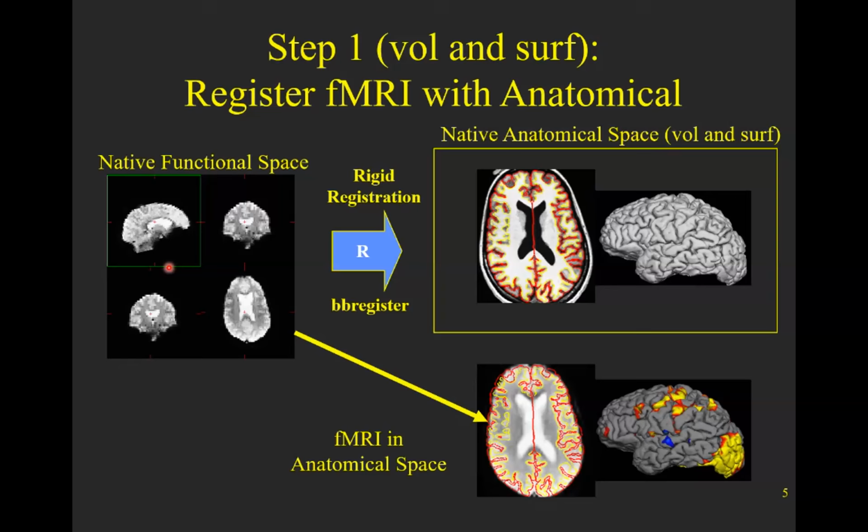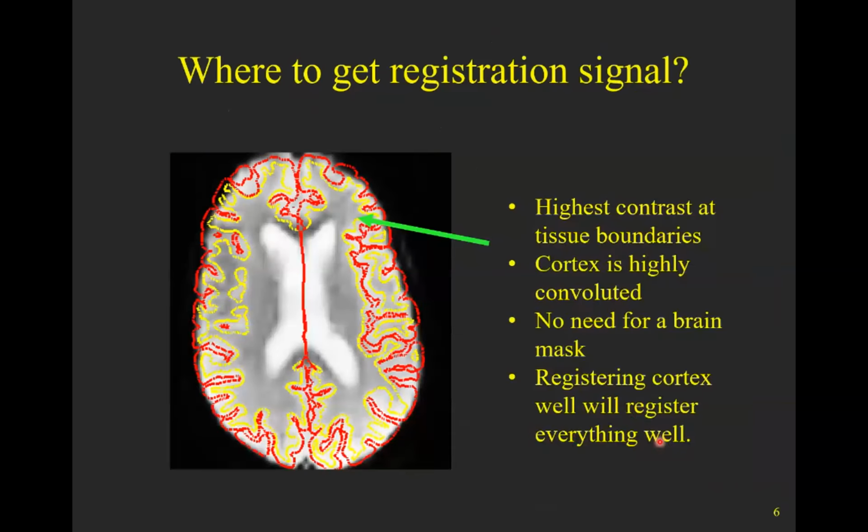And then once you have the alignment, you can map the surfaces onto the fMRI, and then you can sample the fMRI onto the surfaces, and then you can start doing your surface-based fMRI analysis, be it just a cortical-based one or a single layer of cortex or this laminar analysis.